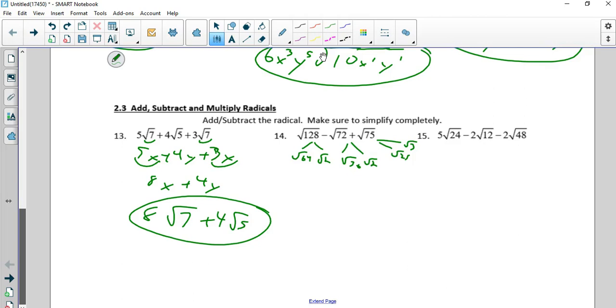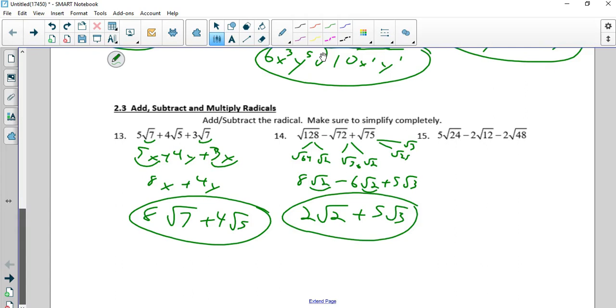This is 8 radical 2 minus 6 radical 2 plus 5 radical 3. Again, 8x minus 6x plus 5y. Like terms. 8 of these minus 6 of these is 2 of these. Plus 5 of those.